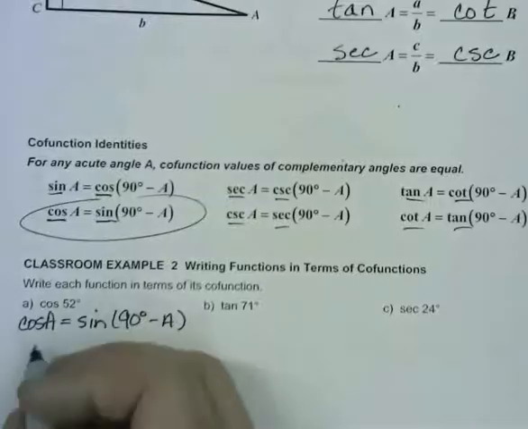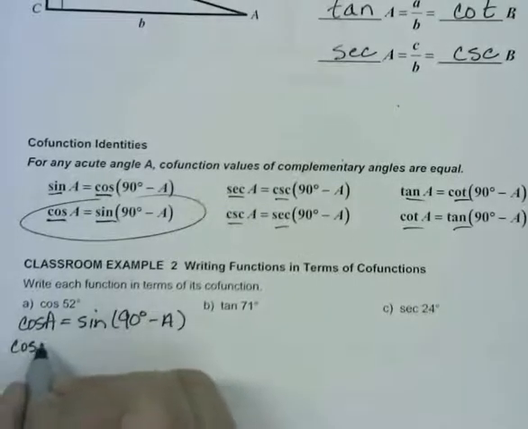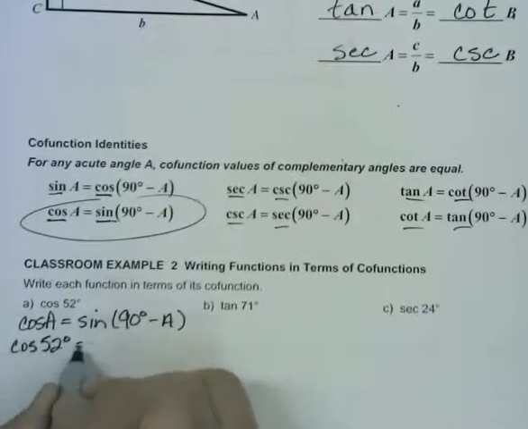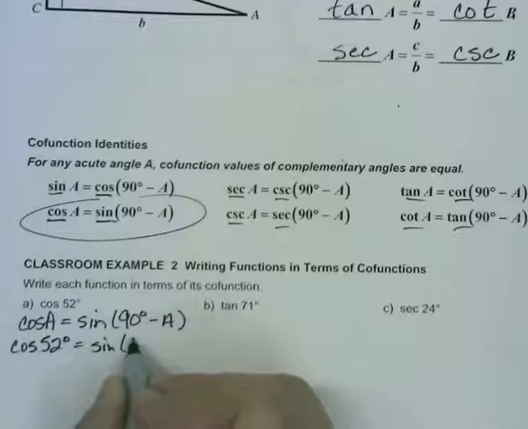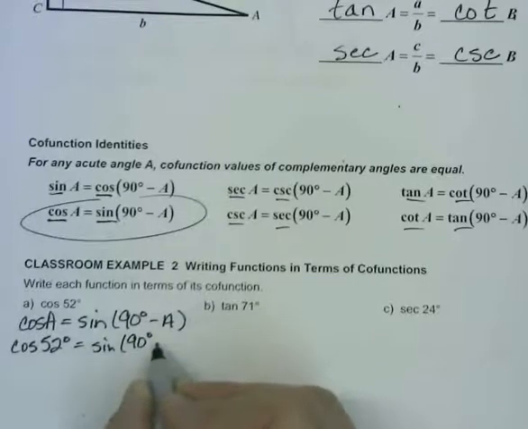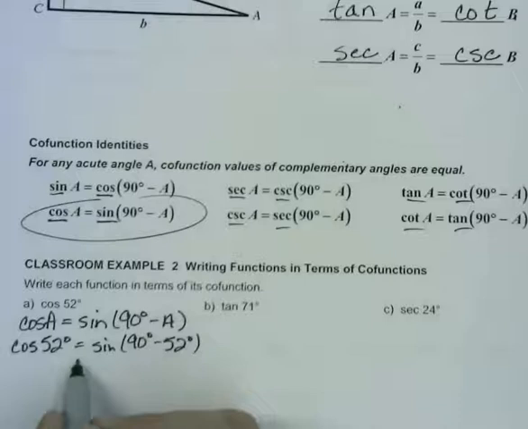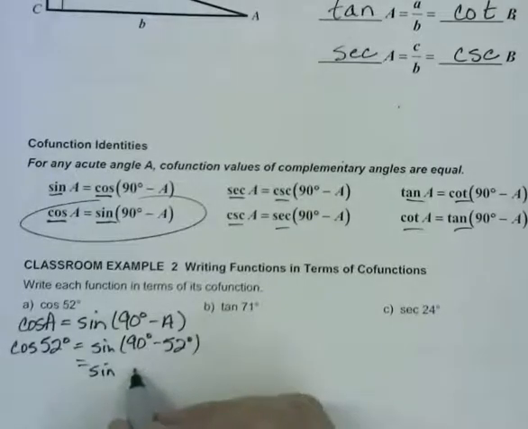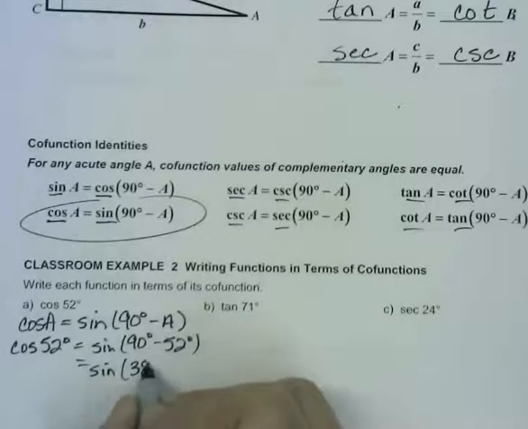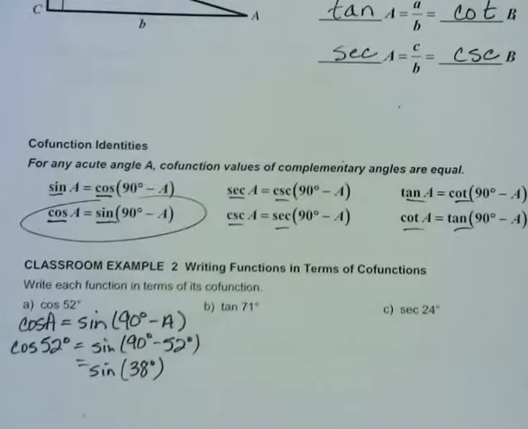So now I'm going to just put in 52 degrees instead of my A. And over here, I'm also going to substitute 52 degrees for the A. If I go ahead and subtract here, that's going to give me 38 degrees. So the cosine of 52 degrees is equal to the sine of 38 degrees.